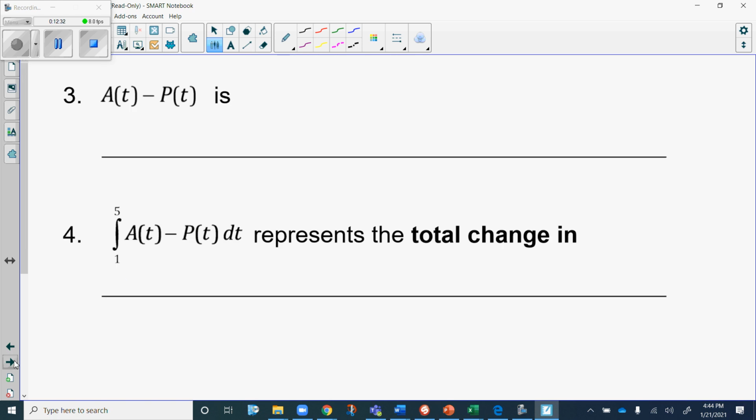So here, between A of t and P of t, where remember A of t is representing the rate at which students are arriving at the ticket window, and P of t represents the rate at which they buy their tickets and then go into the concert. Here, A of t minus P of t, that is going to represent the rate at which the line is growing and shrinking.